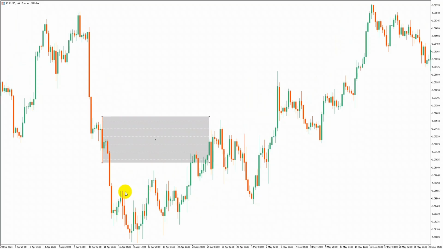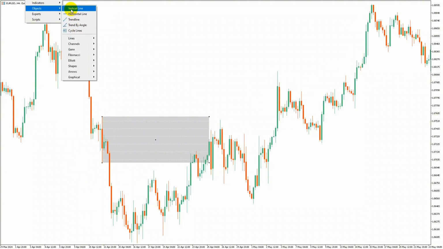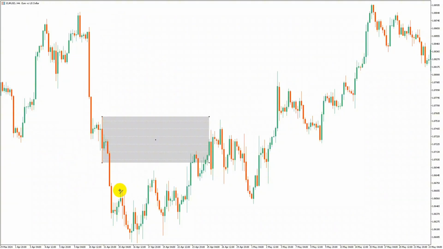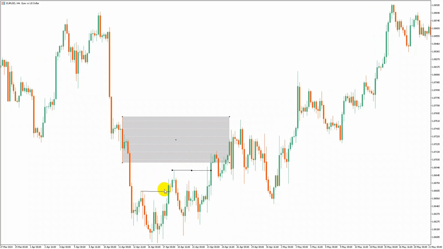After we got this break of structure, change of character rather, and then after that change of character, the market pulled back and immediately broke structure, which is the first one.